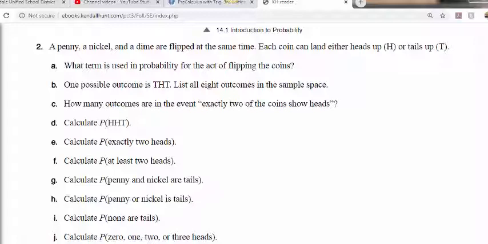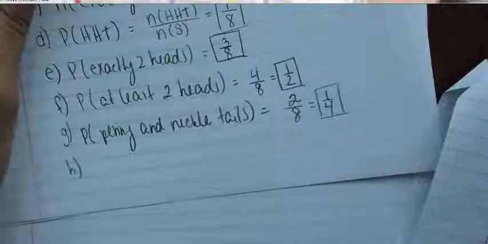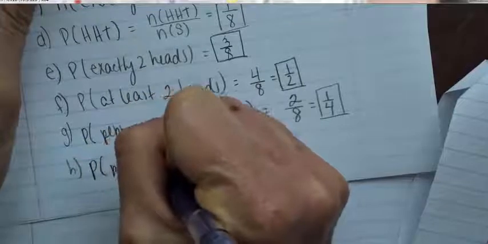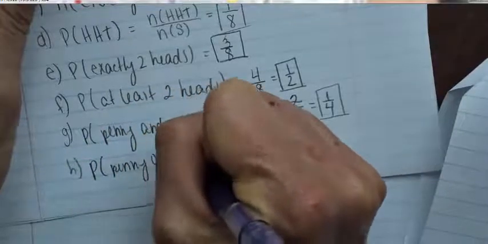Next one, calculate where the penny or nickel is tails. Or means the penny can be tails but not the nickel, or vice versa. So the probability that we have a penny or a nickel tails.